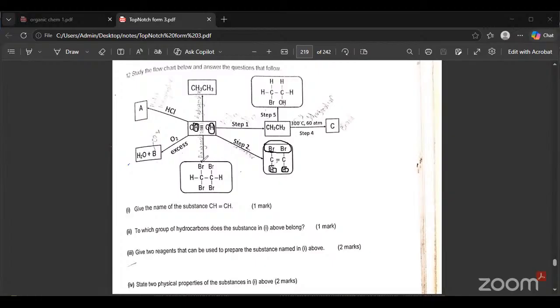Hapa na hii ingine ambayo iko na bromine ine, I'm saying it is the same thing. What only has happened is, unakumbuka tukisema, I don't think you were in. Nikisema kuna step 1, alafu kuna step 2. I think the others were in. Anybody who has an idea of the process?